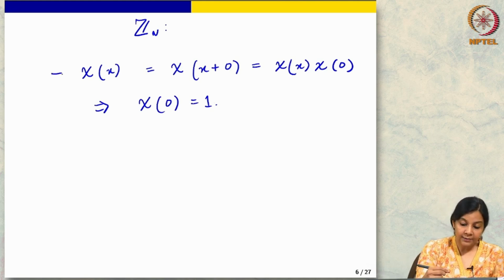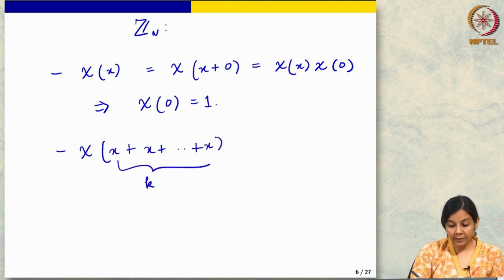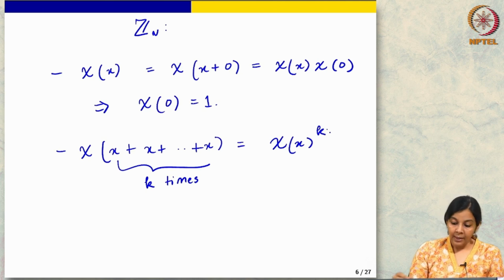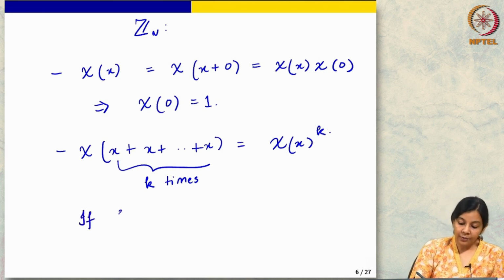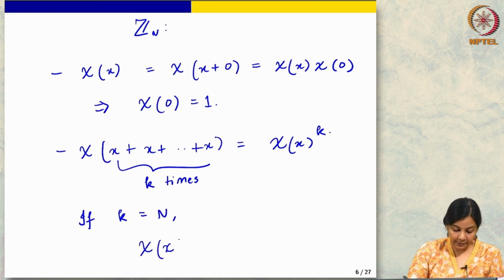Now similarly, this is one simple observation. If I have x plus x, k times, then this is nothing but chi of x the whole to the k. Now if k is equal to n, then what does this imply? I claim that chi of x to the n is equal to 1.